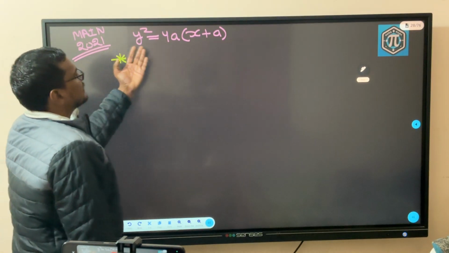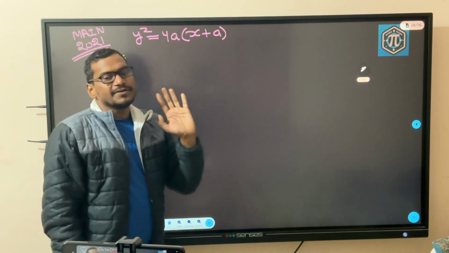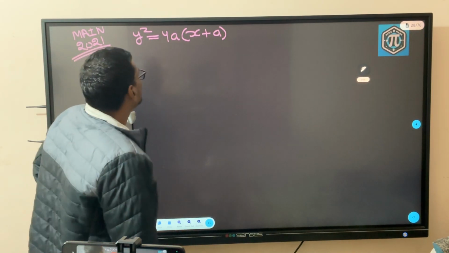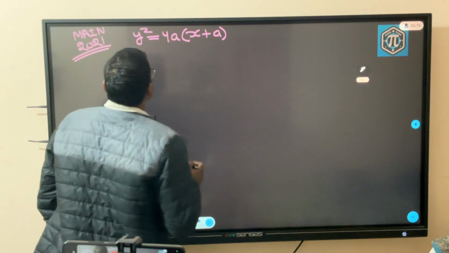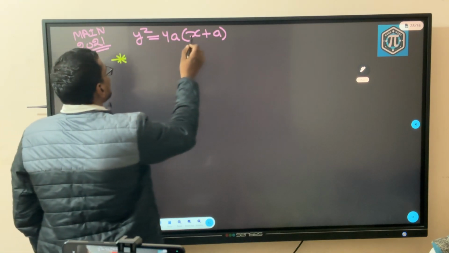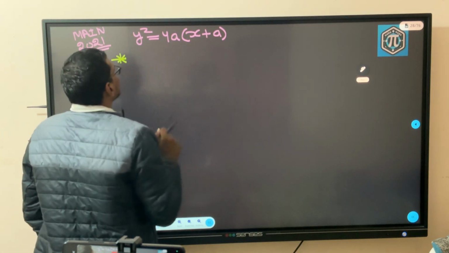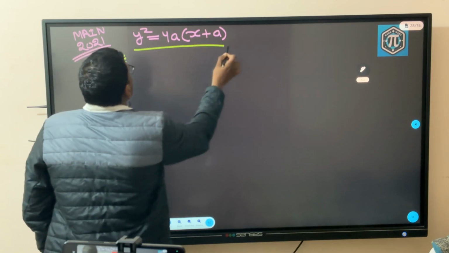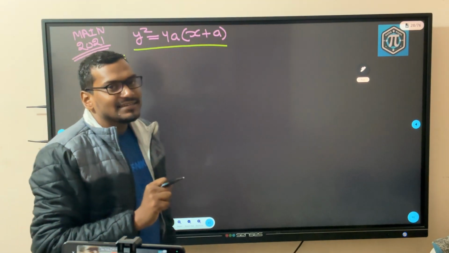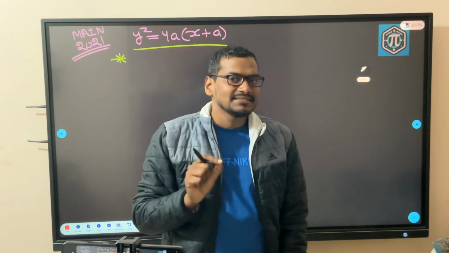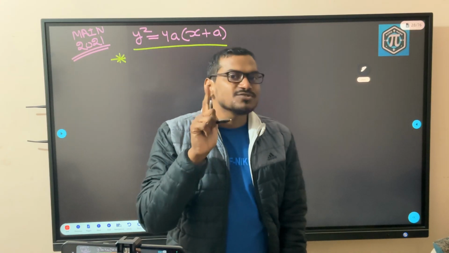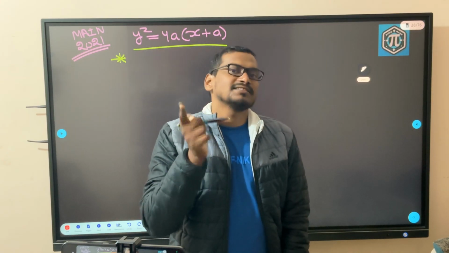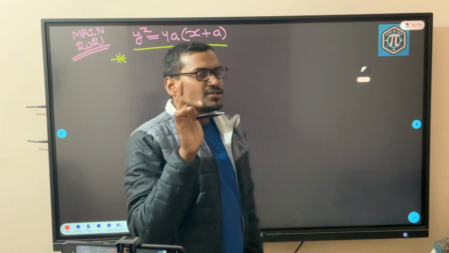See, this is the parabola which is given to you, right? So see here, y square equal to 4a into (x plus a). Clear now? So if this is given, one student will think that the arbitrary constant is only 1. Another student will think there are 2. There is a logic also.